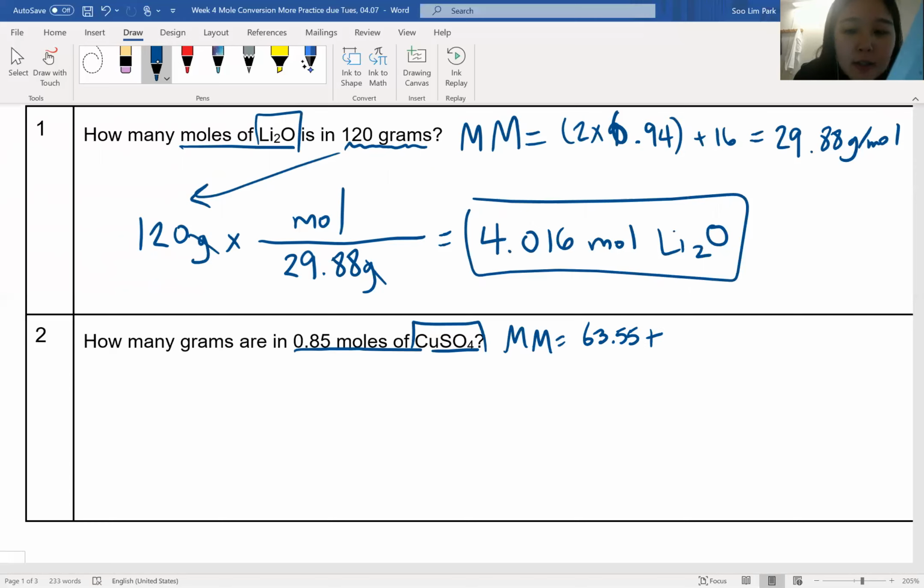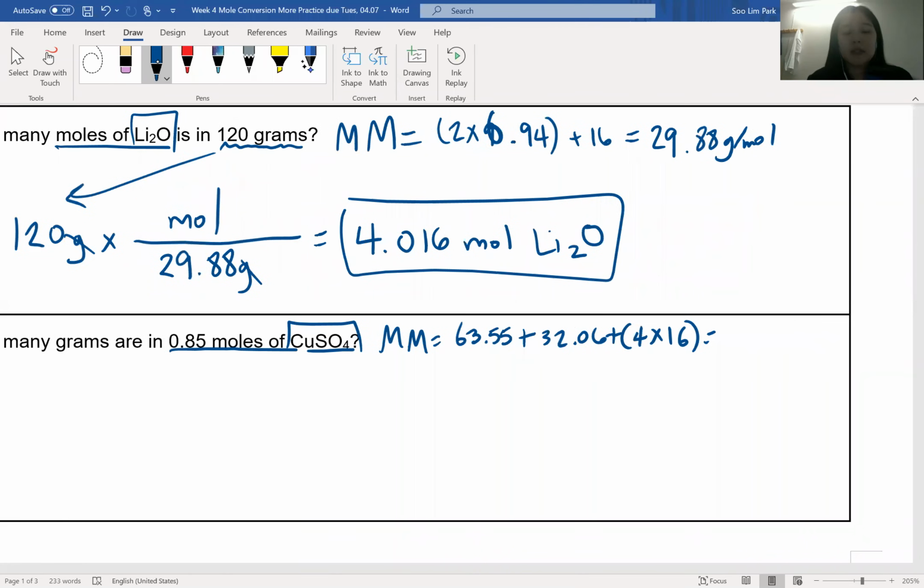Sulfur, S, is 32.06. And we have oxygen, but we have 4 of them, so I'm going to multiply 16 times 4. If we add it all up together, we get 159.61 grams per mole.